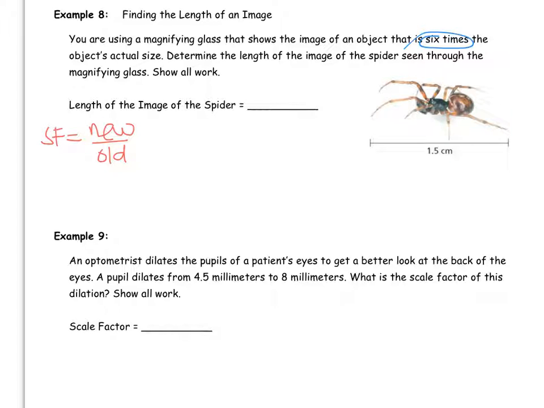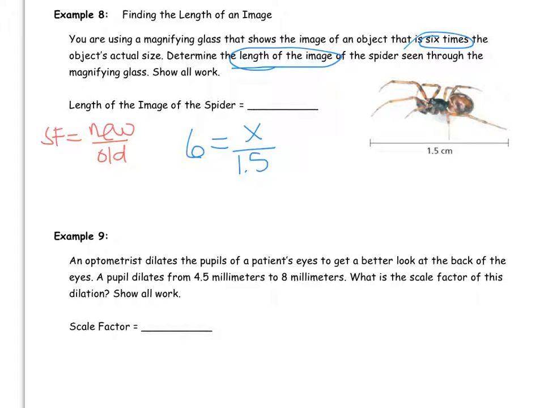So we know when we're looking for scale factor, it is scale factor equals new over old. Well, we're not looking for the scale factor because we already know it. So 6 equals new over old. Now, I know that we're looking for the new because it says here determine the length of the image. Image is in reference to something that's the new thing, right? Because we know pre-image is the original. So 6 equals basically x over the length of the pre-image, which we do know, 1.5.